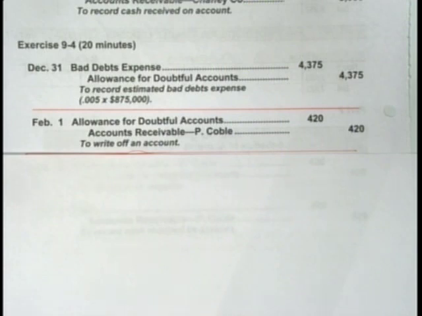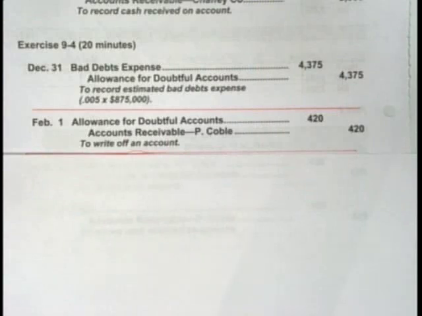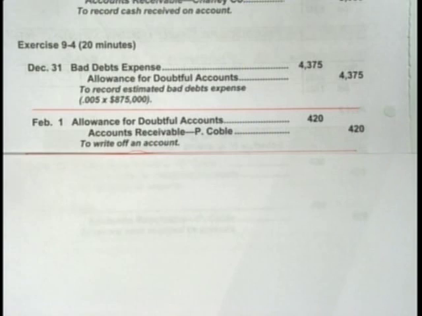let me point out one more thing before we go on. See how we are debiting allowance for doubtful accounts and crediting AR when we write off an account? I should have said this in the last lecture, but that's how the allowance for doubtful accounts can get a debit balance. Remember when we're doing the percentage of AR method, which we'll do in a minute? Remember how sometimes the allowance for doubtful accounts has a credit balance and sometimes it has a debit balance?